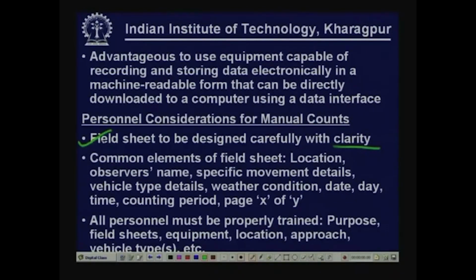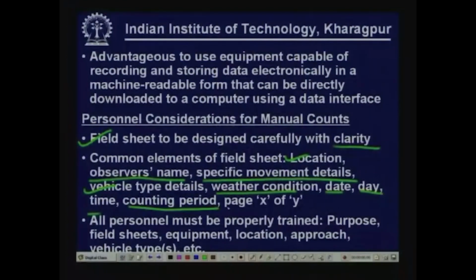Continuing the first point, I have tried to indicate some of the common elements included in the field sheet, like location, observer's name, and specific movement details, whether it is a left turning, right turning or straight movement, what vehicle types are getting recorded, the weather condition, date, day, time, and the counting period used. Normally, if you are taking a 15-minute count and the period of the volume study is 8 hours, then so many sheets will be required.